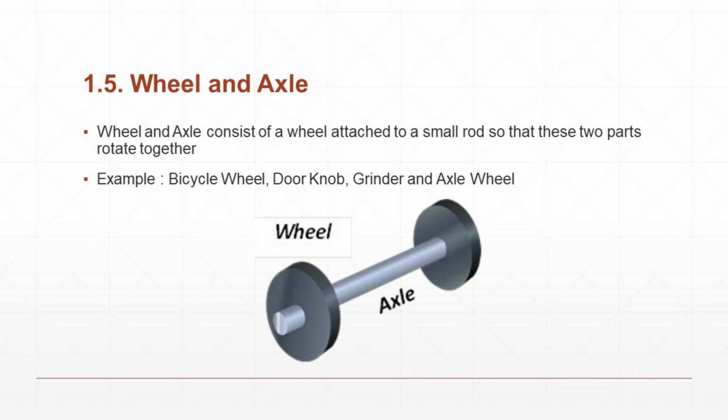Once again I'll repeat. Wheel and axle consist of a wheel attached to a small rod so that these two parts rotate together. Example: bicycle wheel, door knob, grinder. These are the examples for wheel and axle.